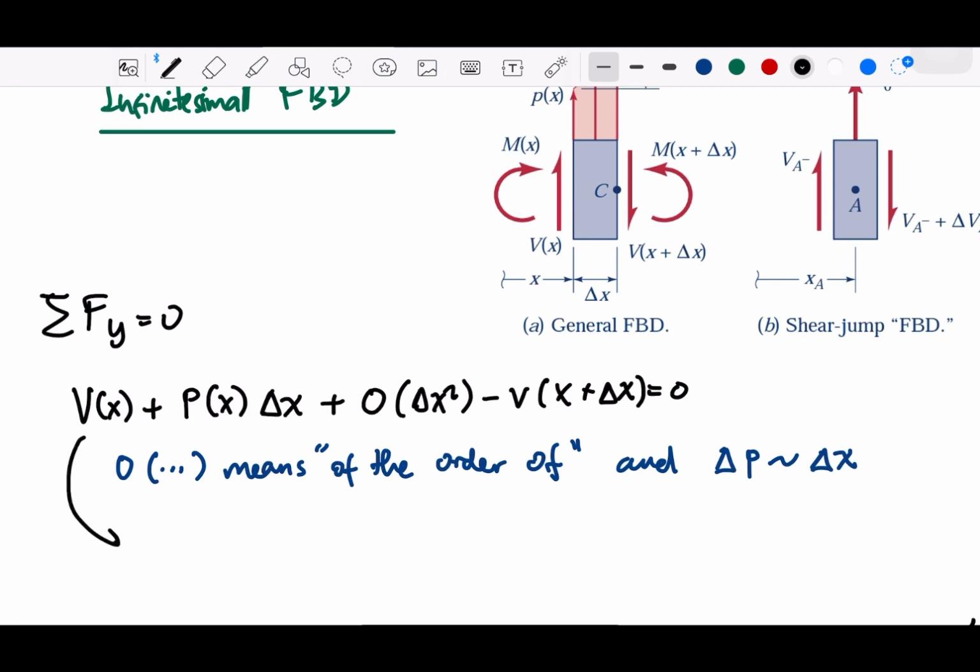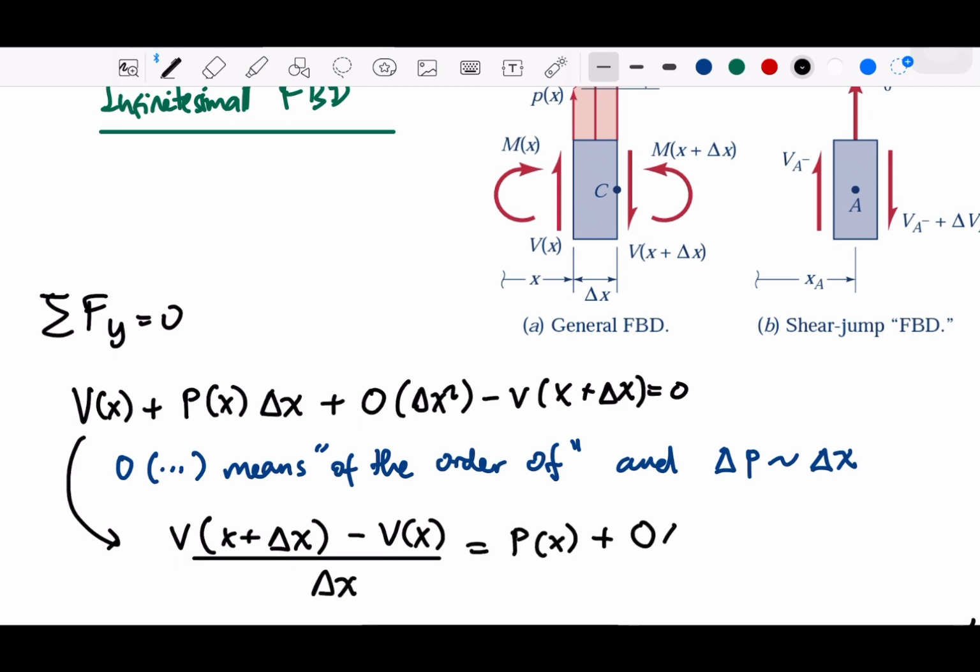And then we can rewrite V of x plus delta x minus Vx is equal to P x plus O delta x.